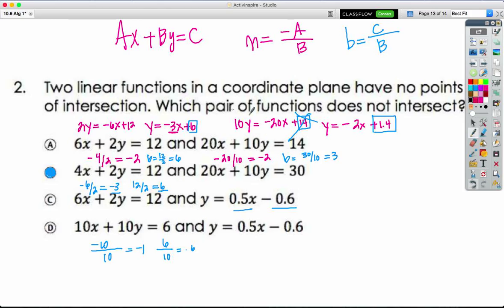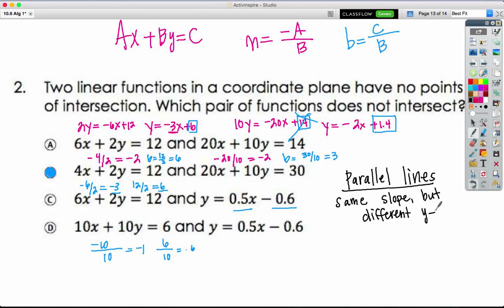So we need to make a note here that parallel lines, if you have not already done so, parallel lines have the same slope, but different y-intercepts. And then we also need to really talk about perpendicular lines.